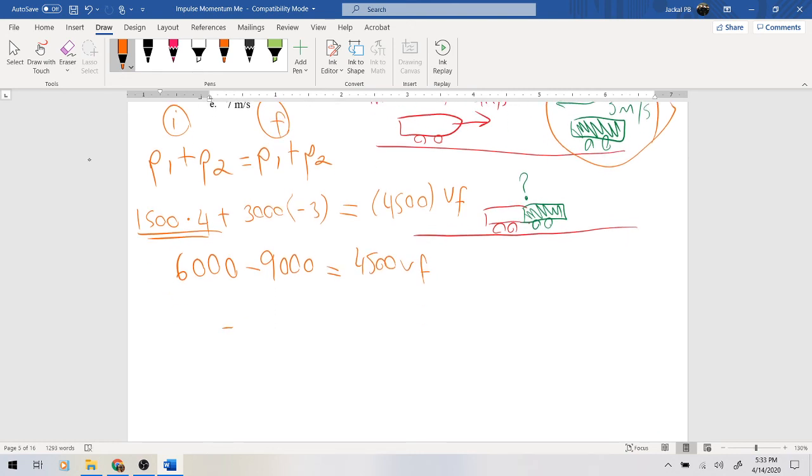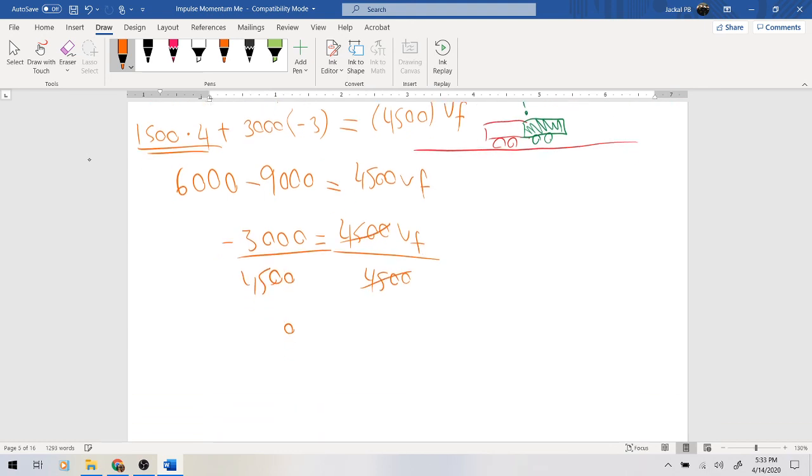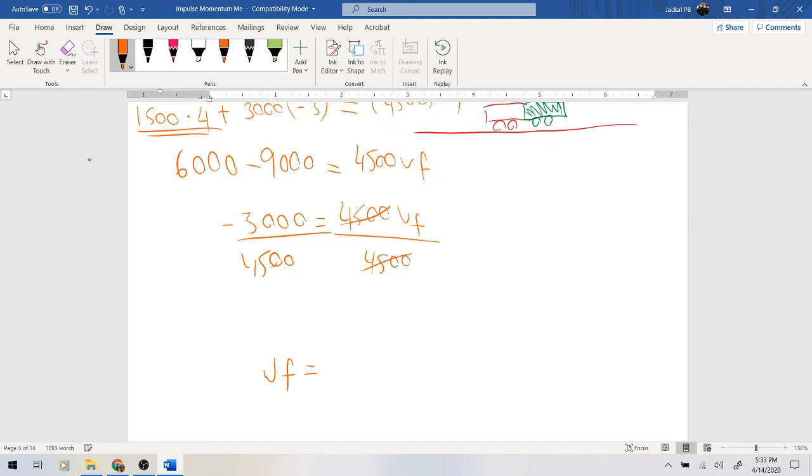So basically negative 3,000 is equal to 4,500 V final. Divide both sides by 4,500. And then you find your V final as, what do you find?